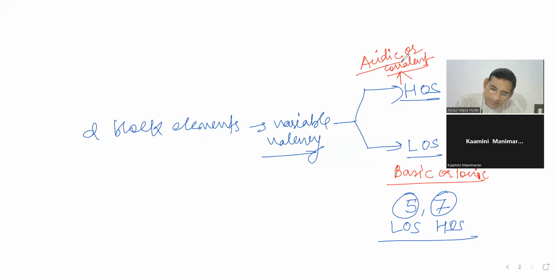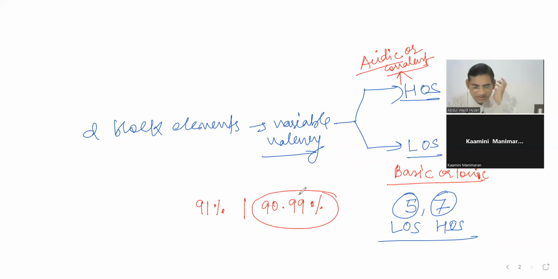See, you scored 91%. Your friend scored 90.99%. Are you getting my point? You scored 91% and your friend scored 90.99%.